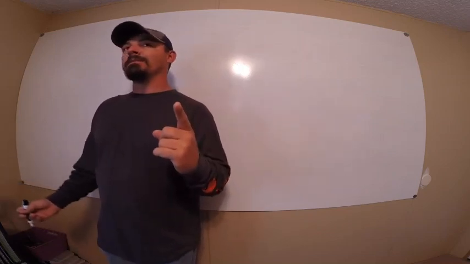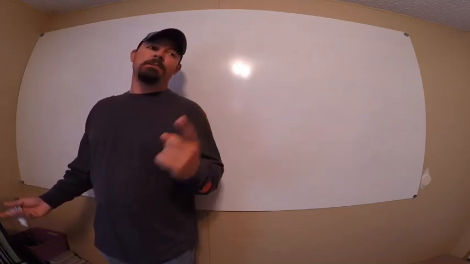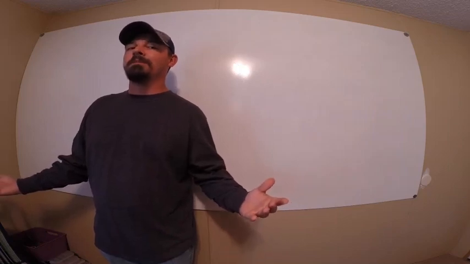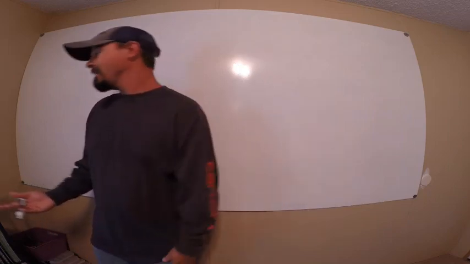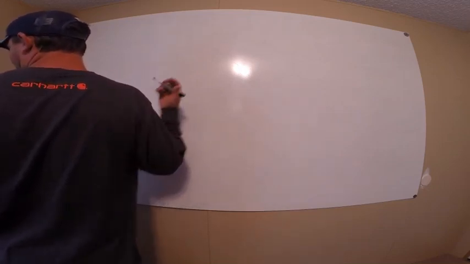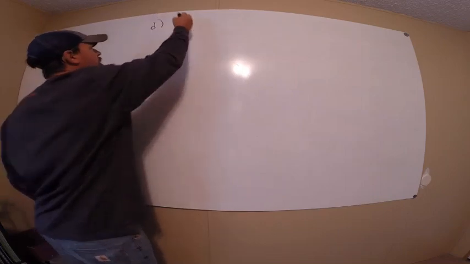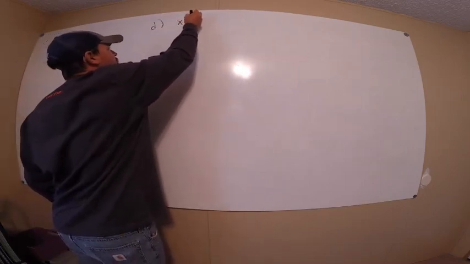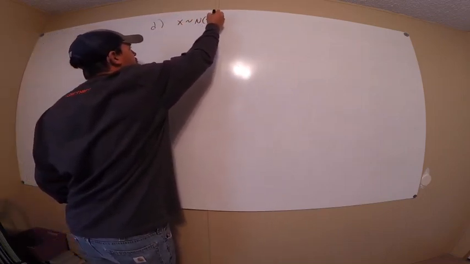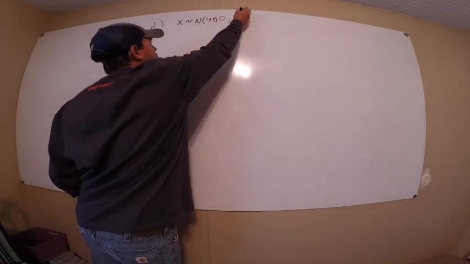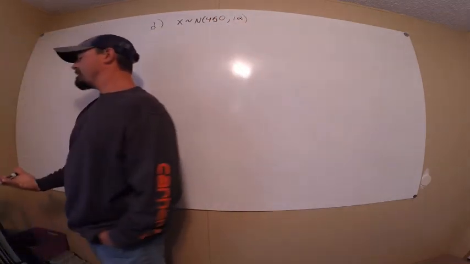We're picking one trout, so we don't need to use the X bar distribution. We just need to use the regular distribution that we started with. So for D, X is approximately normal, 450, 12. That's the distribution that we're going to use.